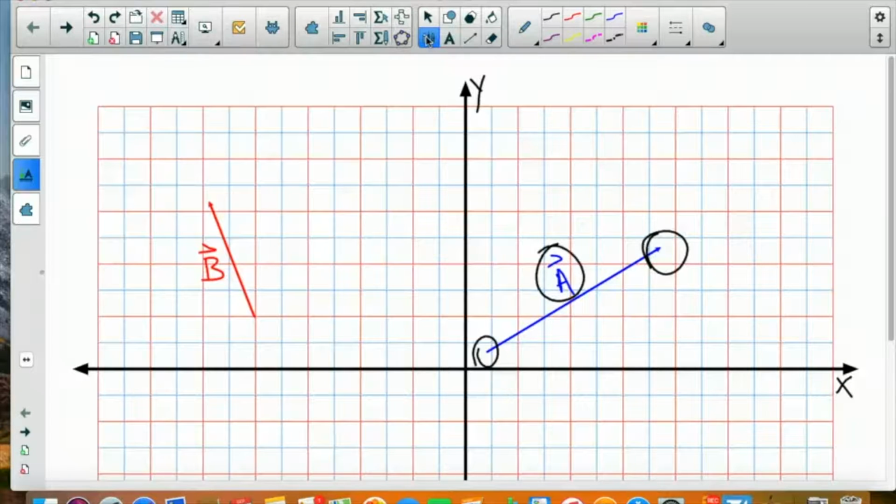And I write the vector with a little line over top to indicate that it's a vector. Now, what does this mean? This means that my vector A, at the point where the vector starts, has a certain magnitude, which is this length here, and also this direction. And the direction is very specific because it points exactly, in this case, in this direction.